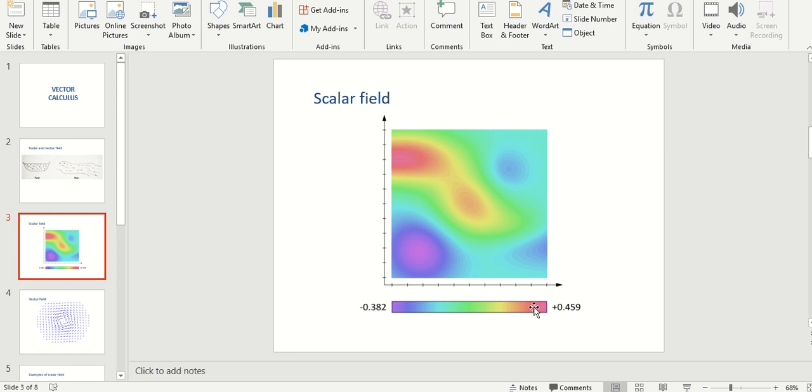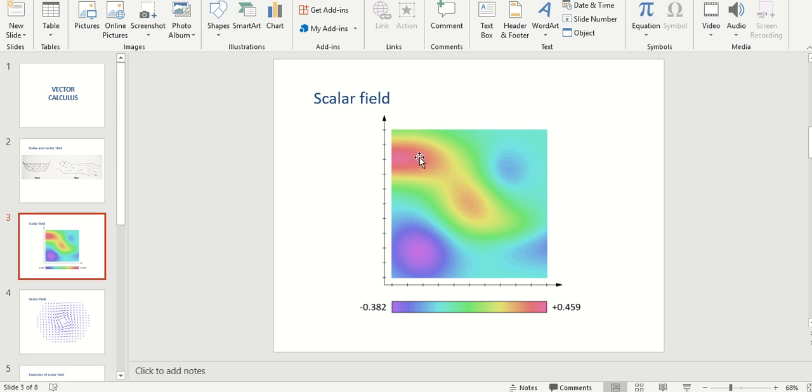Now look at this scale, plus 4.459 is a high temperature, and minus 0.382 is a low temperature. So now we can easily notice which corner has a low temperature and which corner has a high temperature.